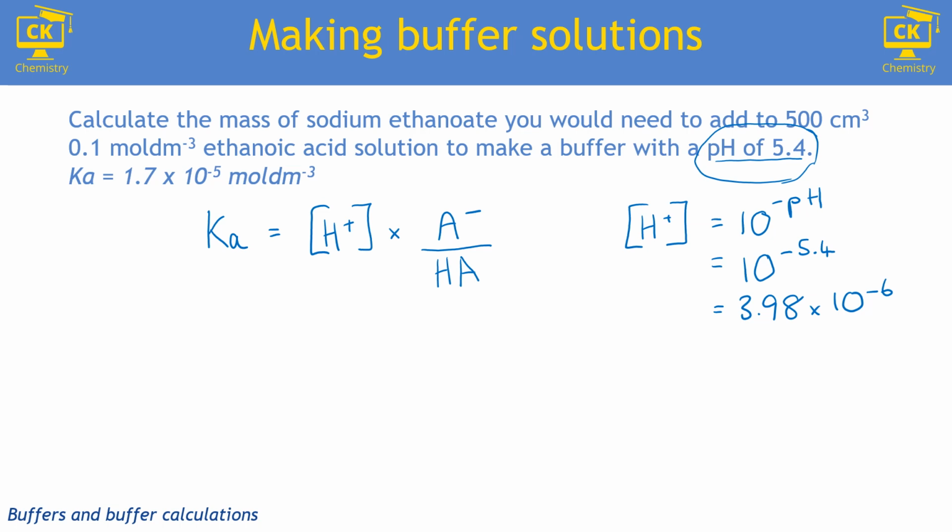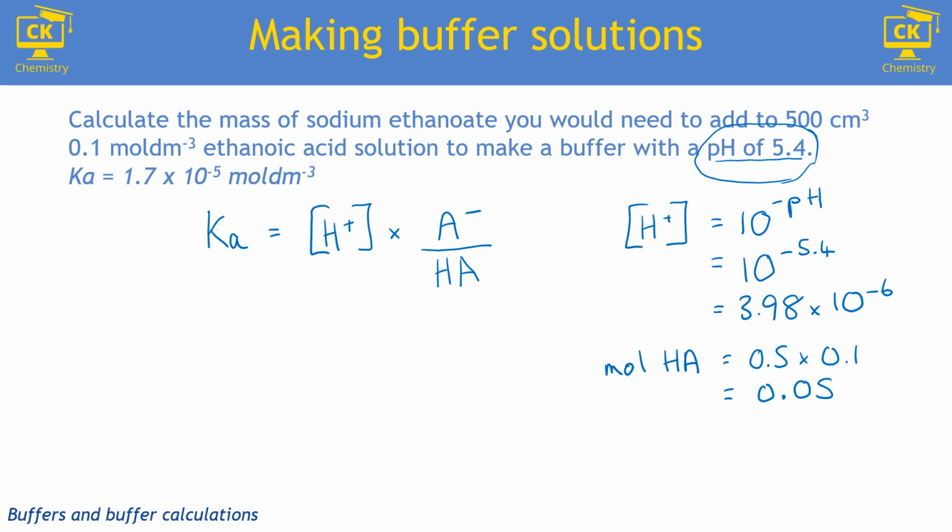And let's now calculate my moles of HA. So I have a volume and a concentration. I have 500 centimetre cubed of buffer solution, or what's going to be my buffer solution. So that is 0.5 decimetre cubed times by 0.1 gives me 0.05.